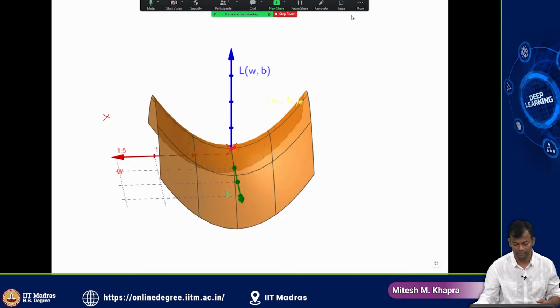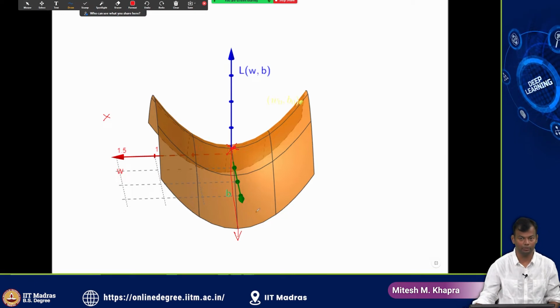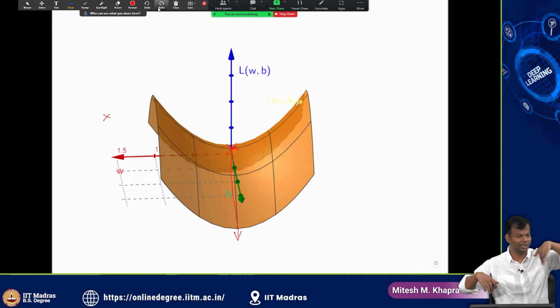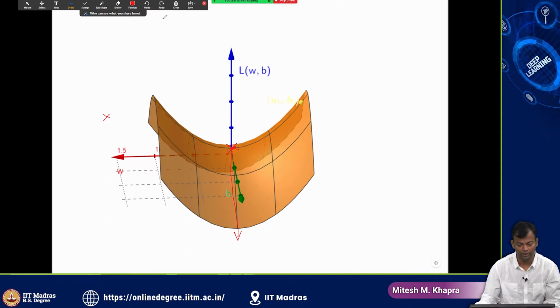I could have gone further down from here. My minima would have been somewhere down. But it's because of this saddle shape, where in one direction you are seeing that, okay, I've reached the minima, but there is another direction across which you could have found a better minima.